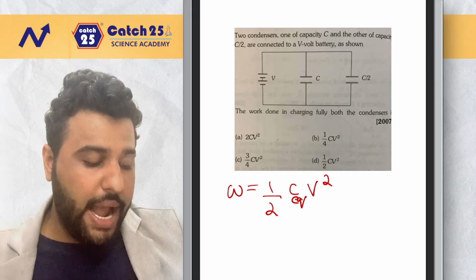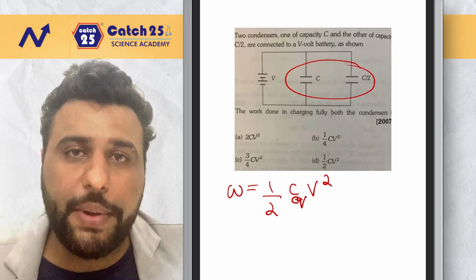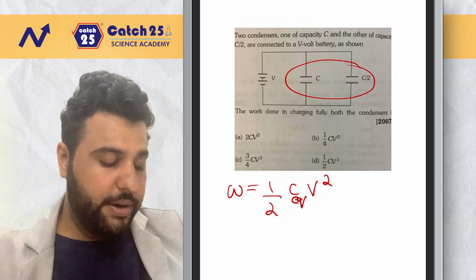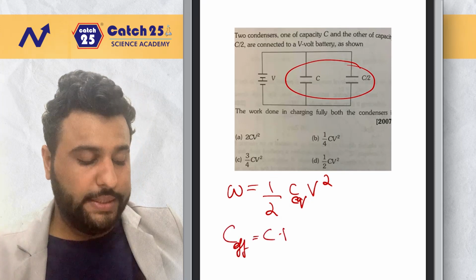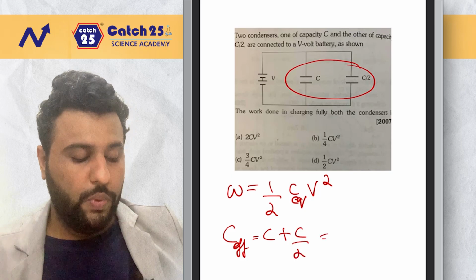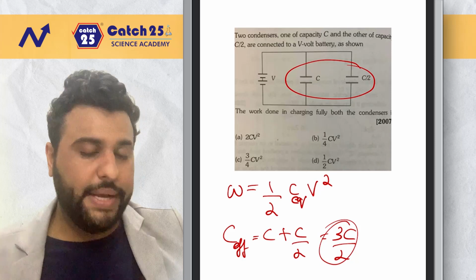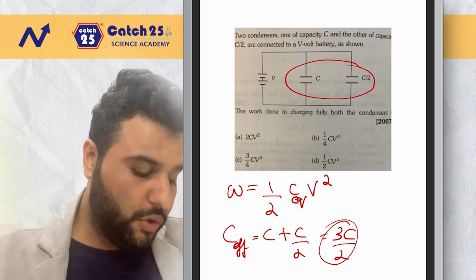So now I need to find equivalent capacitance. Now this capacitance are in series or parallel. This capacitance are in parallel, and you know, in parallel effective capacitance adds up. So it will be C plus C by 2, which will be 3C by 2. Therefore, can I say my total capacitance in this case will be 3C by 2.